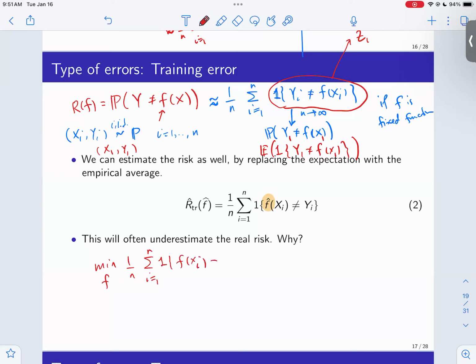I'm going to search over a class of functions. I'm going to introduce this notation so that you get comfortable with it. I have a class of functions. In our case, we have 4 possible functions. So I'm going to plug in every one of those 4 possible functions, evaluate it, and find the minimum. The argmin, the function that minimizes this, is going to be our f hat. And that turns out to be the plug-in optimal rule.